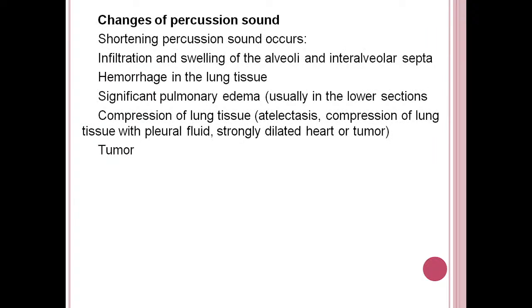Changes of percussion sound. Dull percussion sound occurs from the first one, infiltration and swelling of the alveoli and interalveolar septa. The second one, hemorrhage of the lung tissue. The third one, significant pulmonary edema, usually in the lower sections.